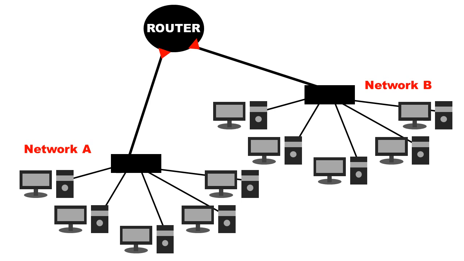Now, when a computer of a particular network has to communicate with a computer of a different network, then the data packets will go through those interface ports of the router from one network to another network.